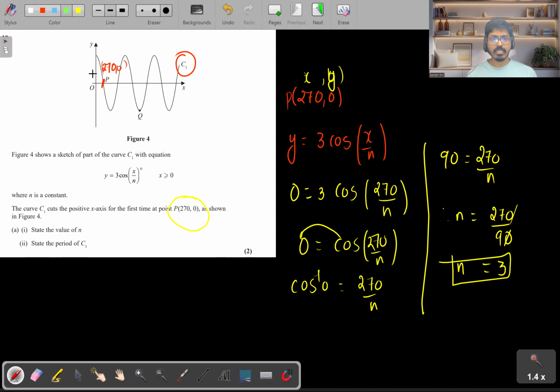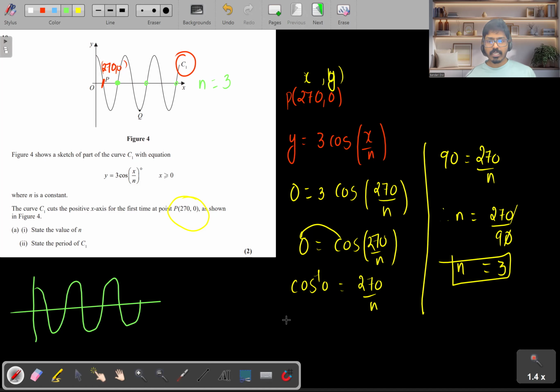If you take the curve C1, it is a cosine graph that should look like this. How many periods are there? Here 1, 2, and 3. So when n is equal to 3, we need to state the period.